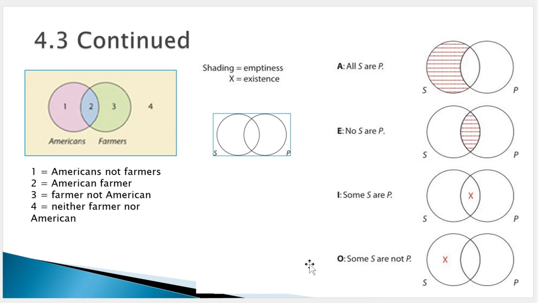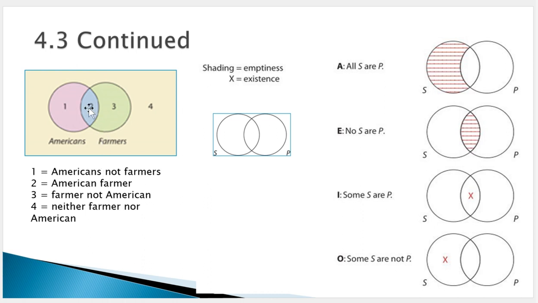This is where things can get really crazy, so you really have to pay attention here. Okay, so for example, here's a Venn diagram. We really need to talk about what these four sections of the Venn diagram mean, and I think it's easier if we talk about it in words. This circle over here represents Americans. This circle represents farmers. So section 1 is Americans that are not farmers.